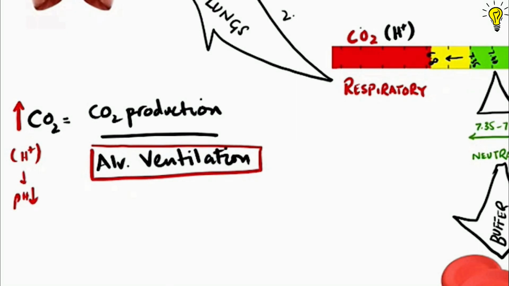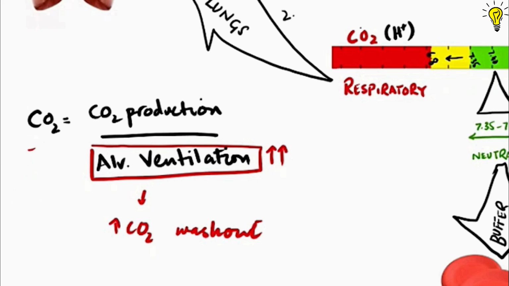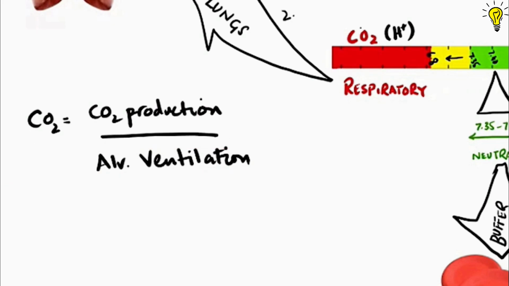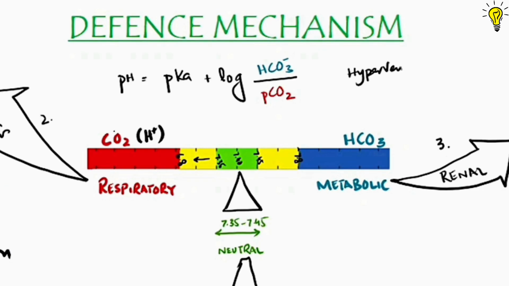So the brain immediately increases the minute ventilation by 1 to 4 liters per minute for every single rise of carbon dioxide above 40. Increased ventilation as the denominator would then cause a decrease in carbon dioxide and stabilize the pH.